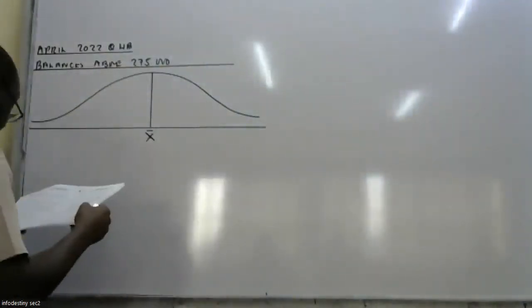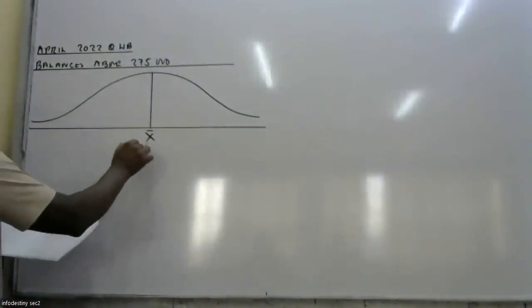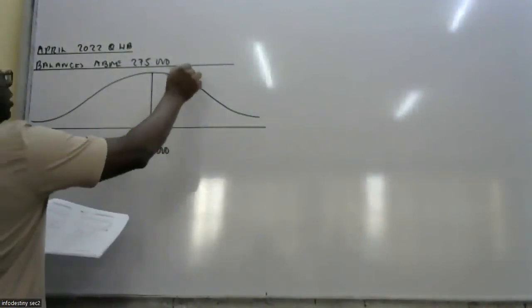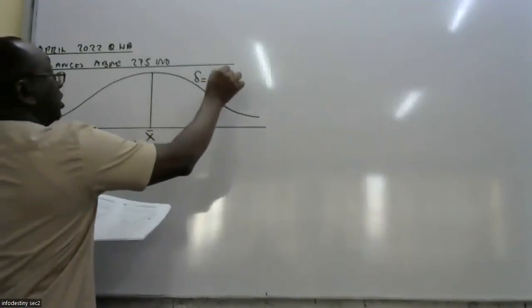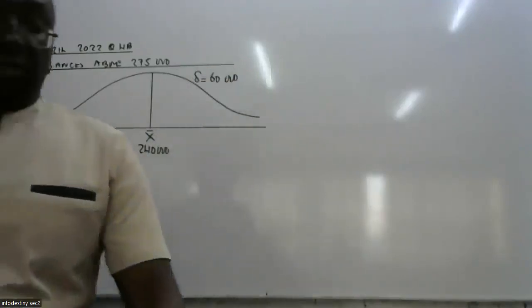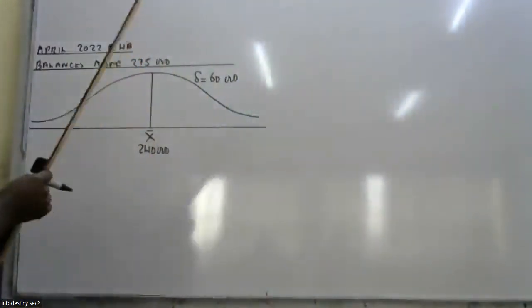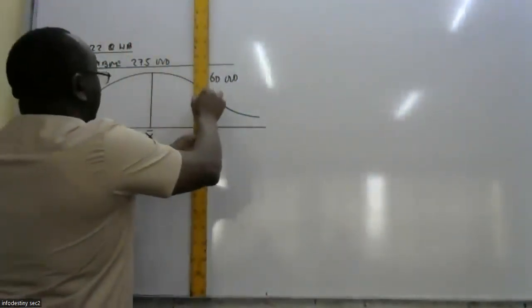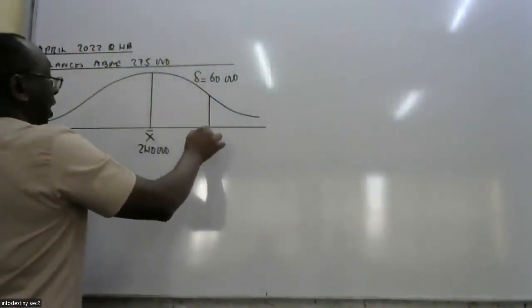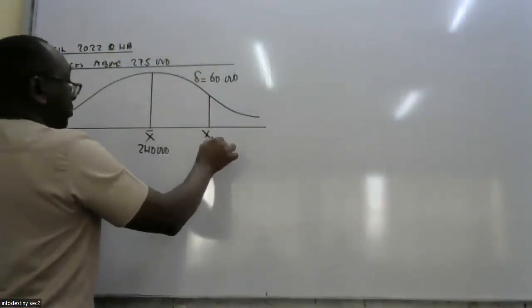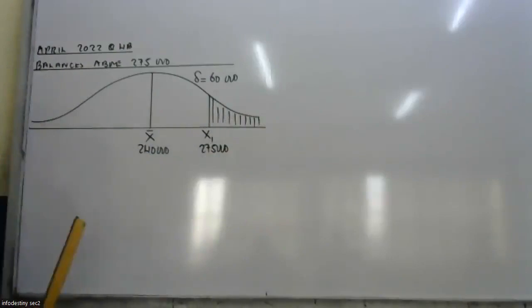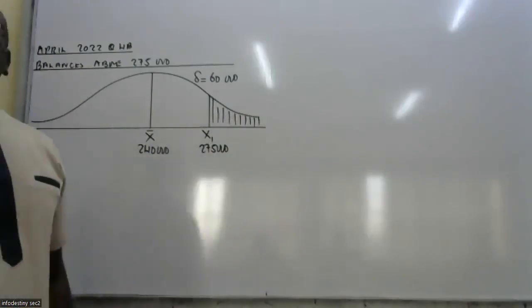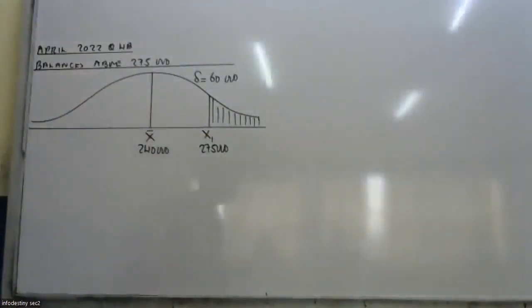X bar is 240,000. Standard deviation is 60,000. So if they ask for what is above 275, then 275 should be somewhere here. X1 is 275,000. We're looking for the ones that are above 275.